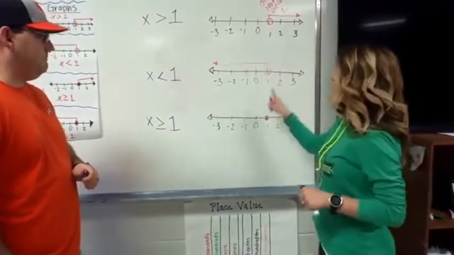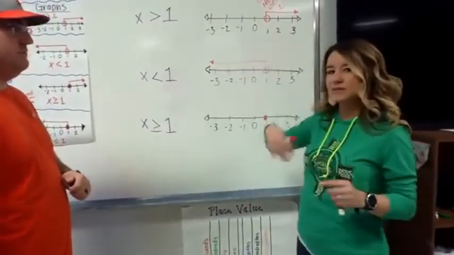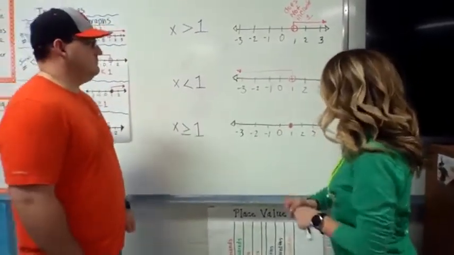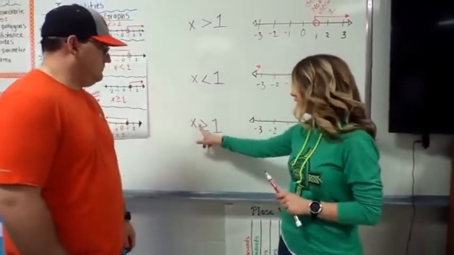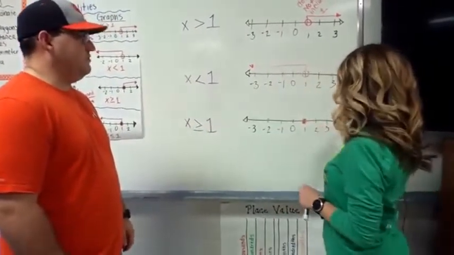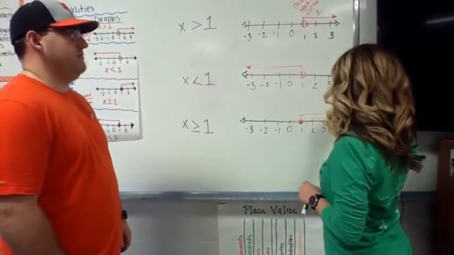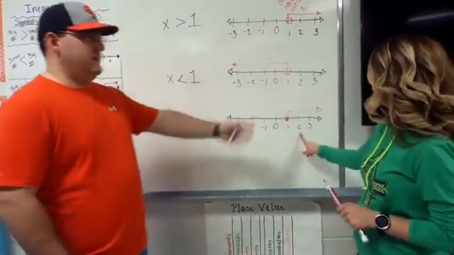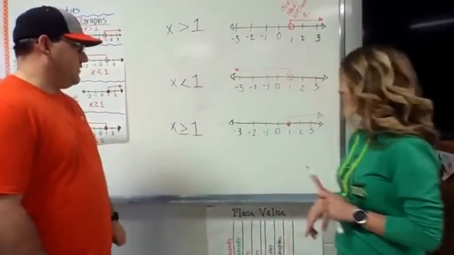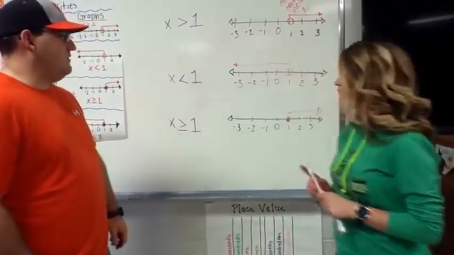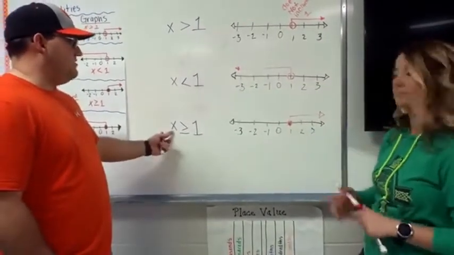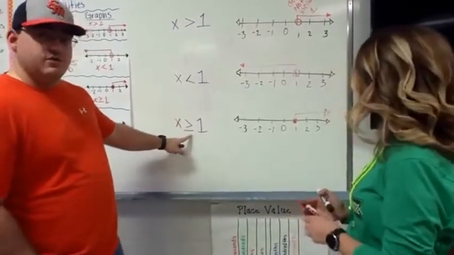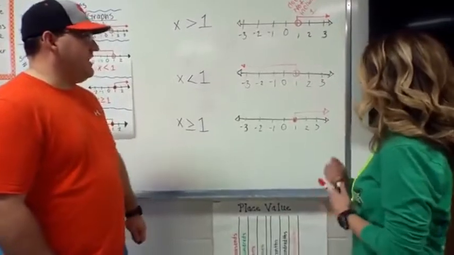That's the only thing I do different on my graph, an open or closed circle. But now I need to think about this again. I want x to be greater than 1, so you're going to be pointing your arrow to the right, because if you point to the right on the number line, your numbers are getting bigger. 2 is greater than 1. 3 is greater than 1. And 1 is included in my answer because 1 is greater than or equal to 1, that's what this little line means.